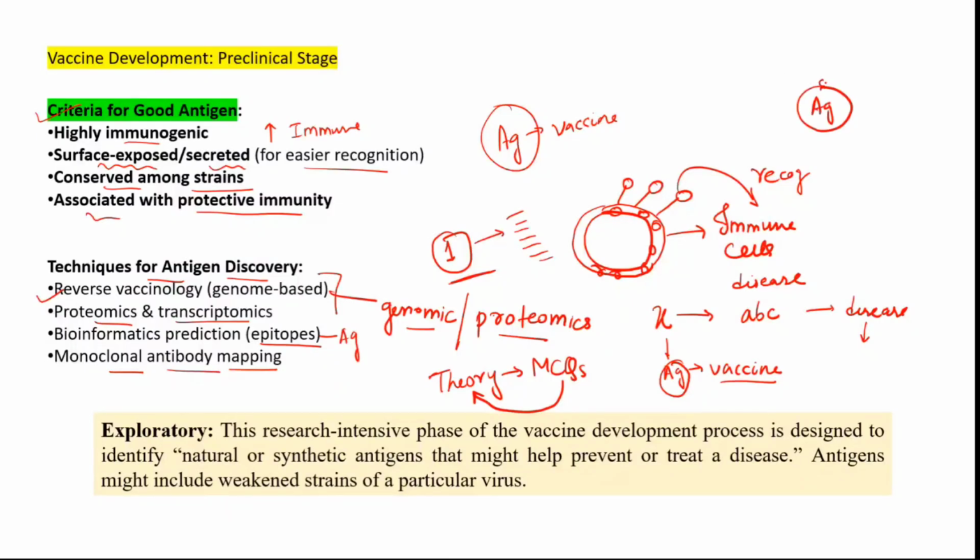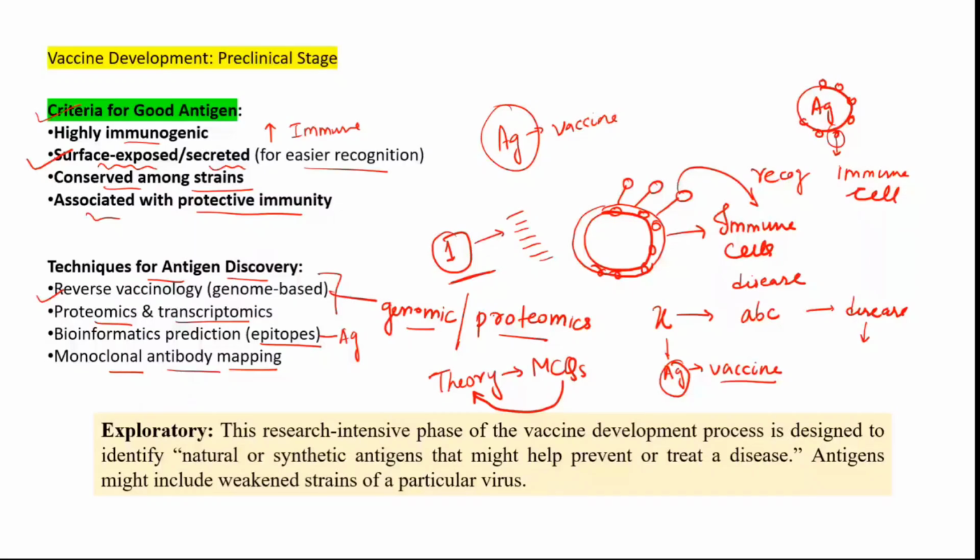On its surface, there may be some chemical moieties, surface exposed. These are recognized by the immune cell. So these are the binding sites which are recognized and bound by the immune cell. So these are some of the criteria and techniques for antigen discovery.